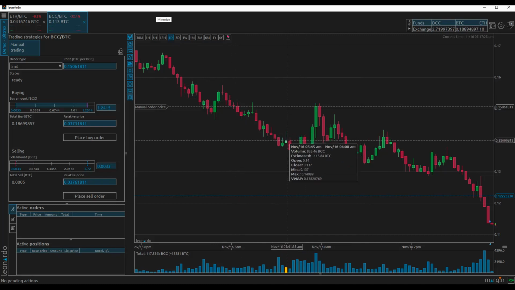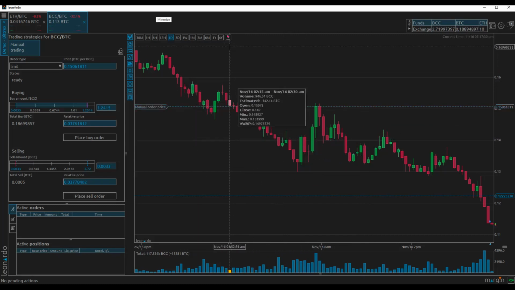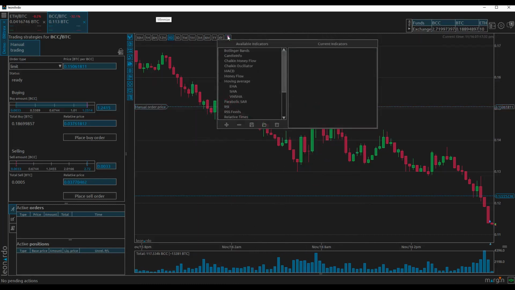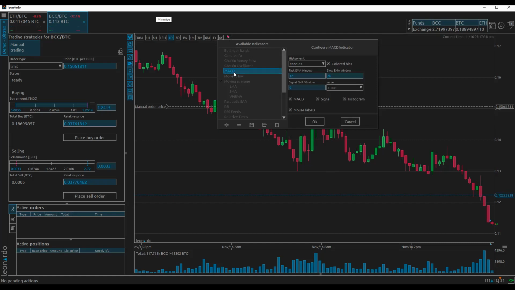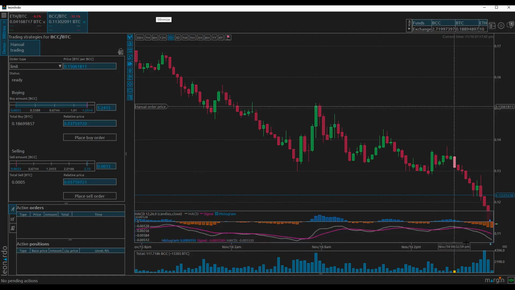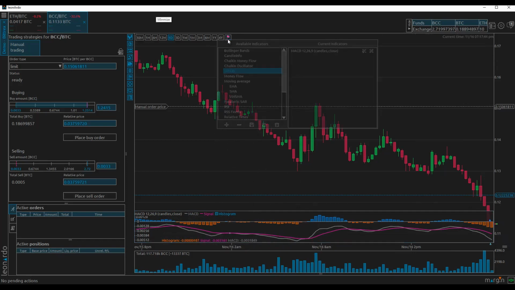And now to help you also with the manual trading, Leonardo also offers some indicators, and so you have different options here. So one of the most popular is the MACD. So if you do trading, you are familiar with it. Also has your moving averages, exponential, simple, RSI.